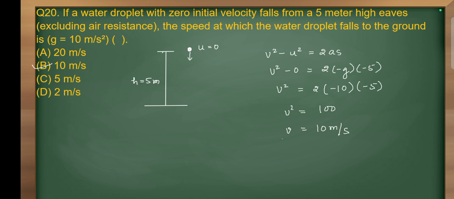Here initial velocity will be 0, acceleration will be the acceleration due to gravity, that is minus g, and displacement of the particle is minus 5. So v square will be equal to 2 into minus 10 into minus 5, that is 100. So v will be equal to 10 meter per second. So option B is correct.